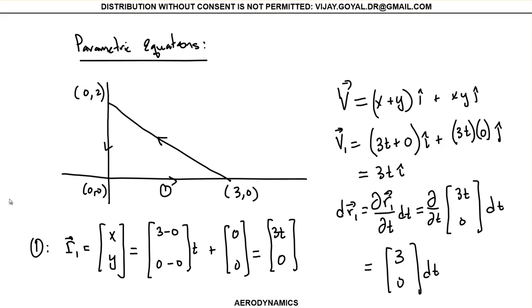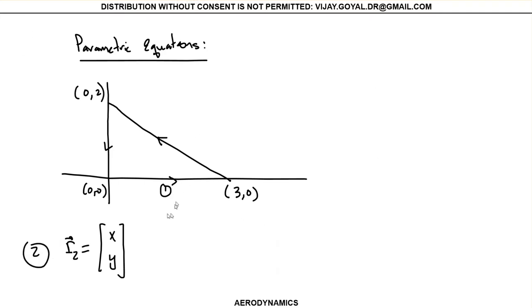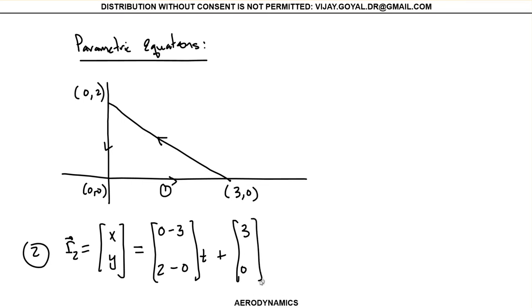This is segment number 2, and then segment number 2 will be the same thing, right? I say 0 minus 3, y at 2 minus 0, multiplied by t, plus my initial coordinate. But remember, I'm going in this direction, so this is my initial coordinate, this is 3, 0.